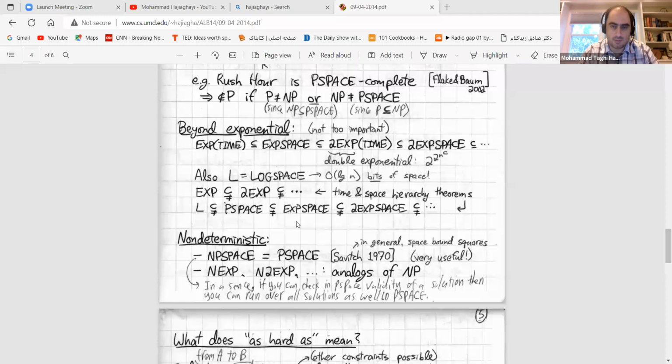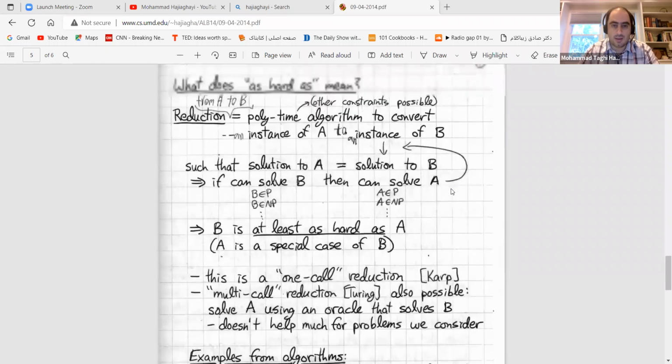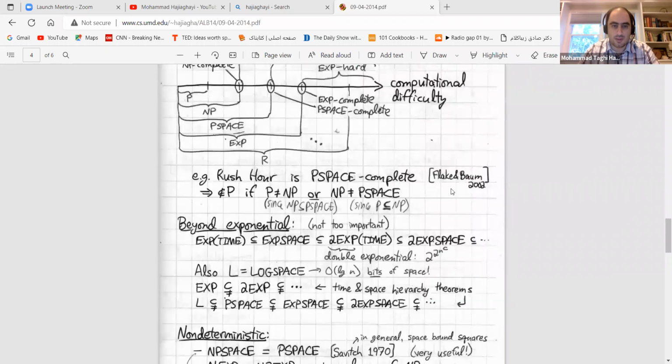And this kind of polynomial time hierarchy, that exponential time is a subset of exponential space, and then it is a subset of double exponential time, and so on and so forth. Good. Now, let's go back to here.